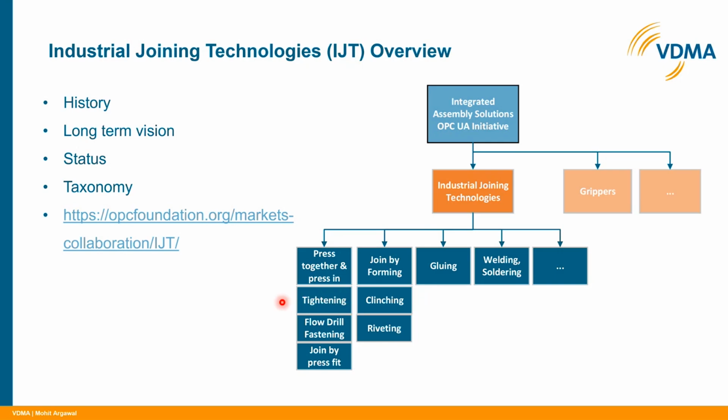And then we also wanted to be in the market as fast as possible to evaluate whether the models which we have defined work for the industry. So in October 2021, we published a first minimal version of the tightening specification. And we evaluated and demonstrated that in different public fairs like Automatica and so on.